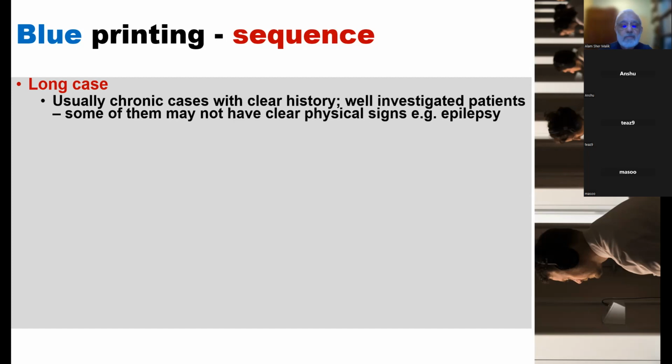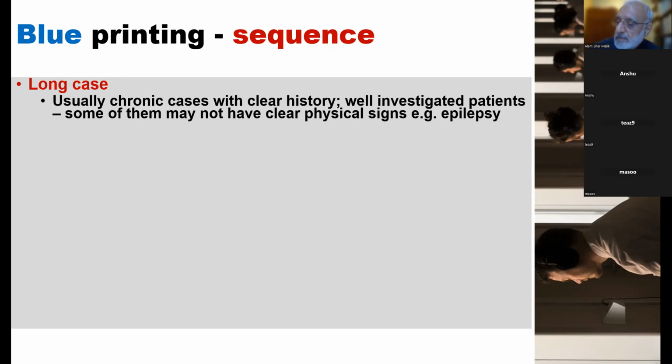For example, we have a number of conditions listed there, and we would know which are the common long cases which are assessed in the examination, usually chronic cases with clear history, well investigated. They may not have very clear physical findings, but that would make the long case.